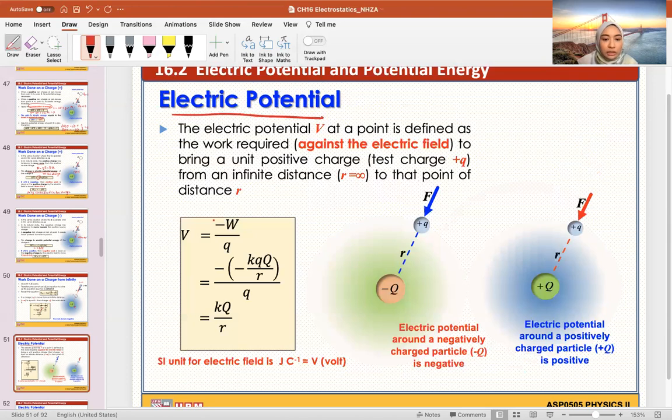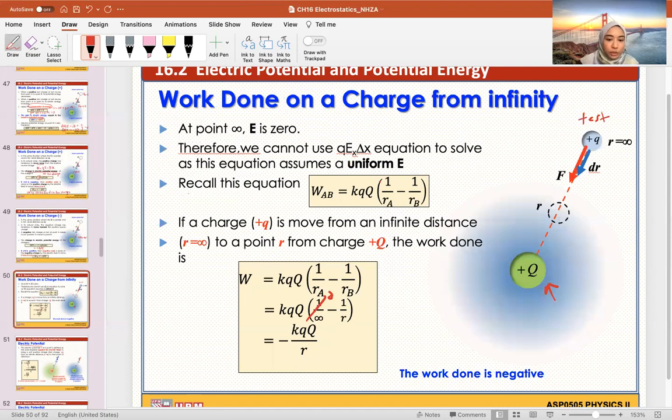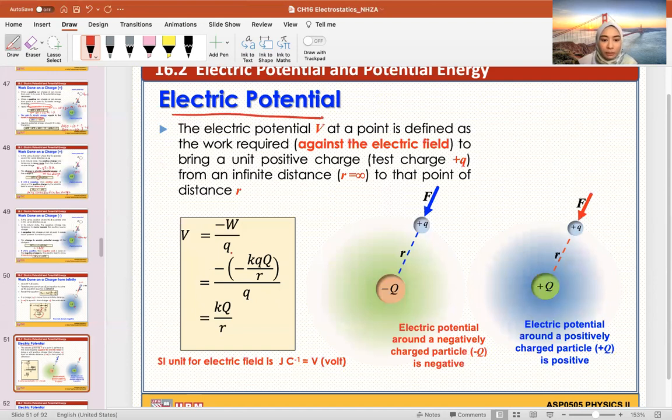Okay, so electric potential is defined as the minus of work done to bring that charge to point R over the unit charge. So going back to our previous equation, which was minus kQq over R, we just substitute that into this equation: minus kQq over R, over q.